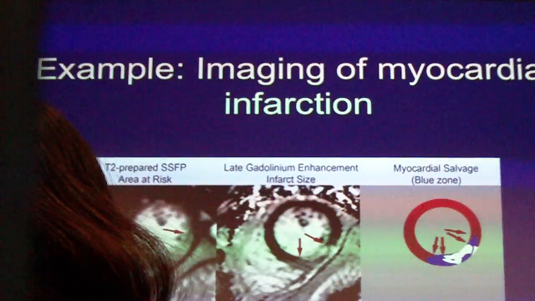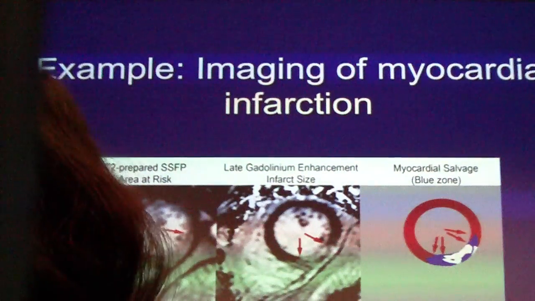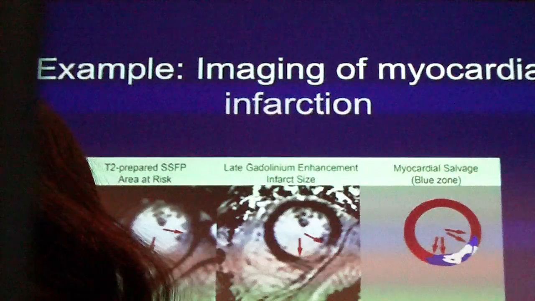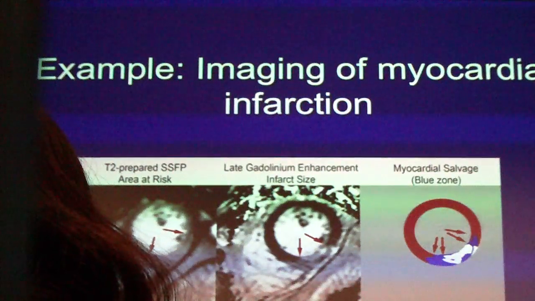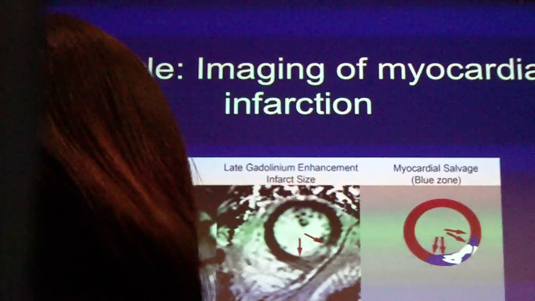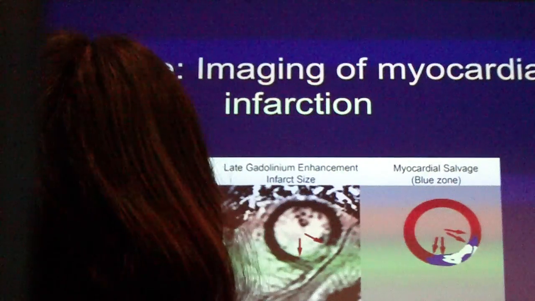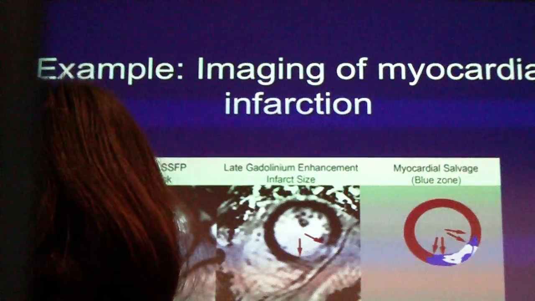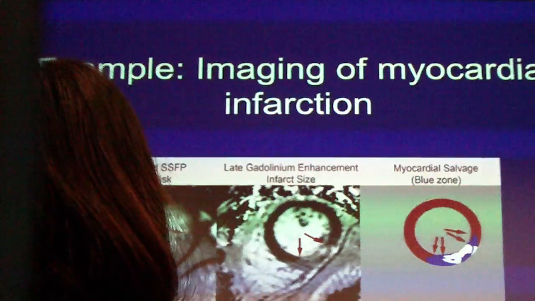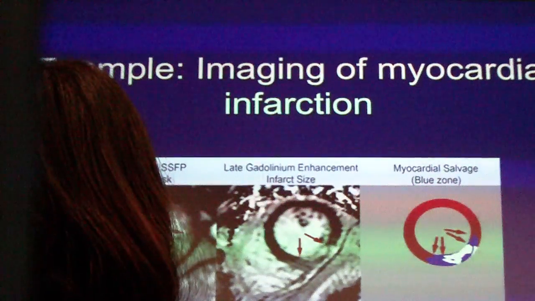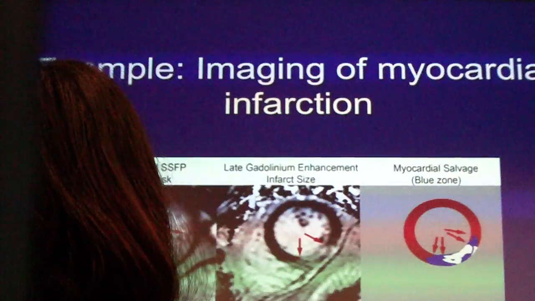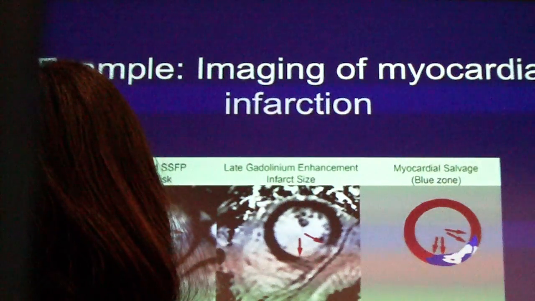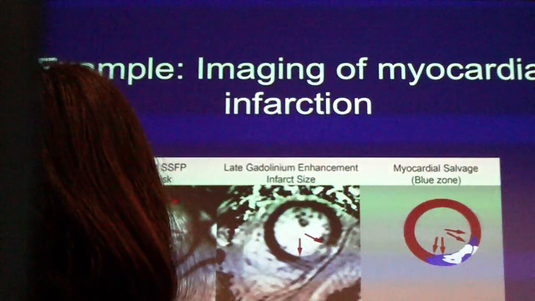Another example is if you look at cardiac tissue, shortly after myocardial infarction, if you do a T2 weighted image, maybe I should explain first. This is the left ventricle. Actually, if you look from the top of the heart on it, then you have here the right ventricle, and this is the left ventricle.